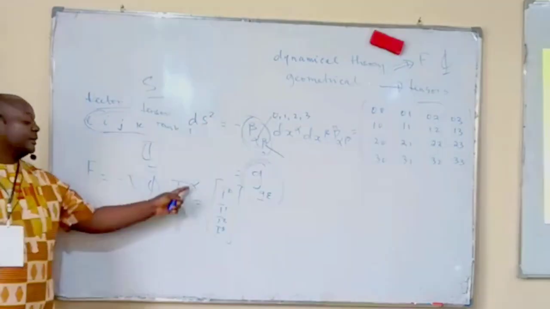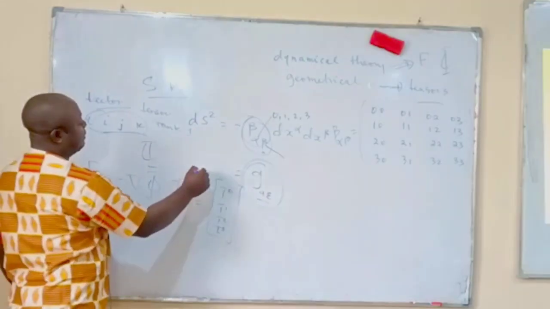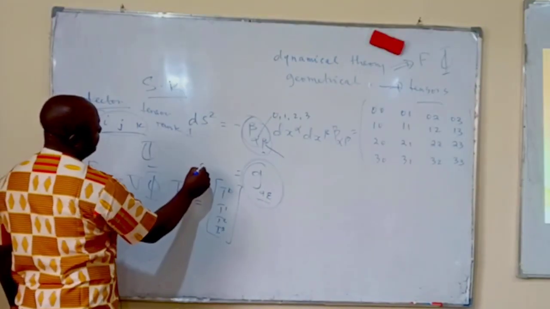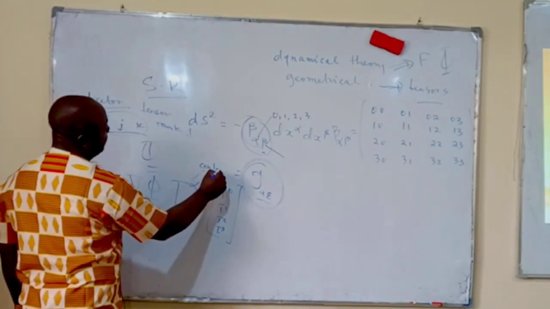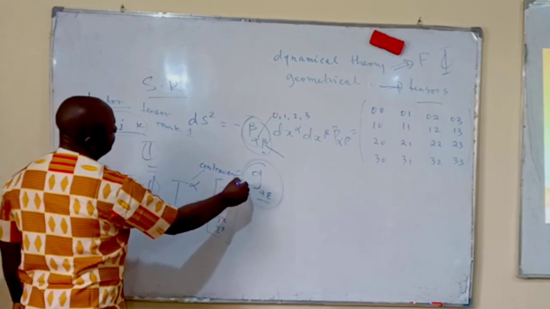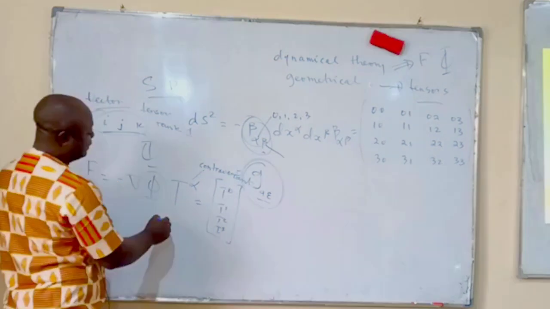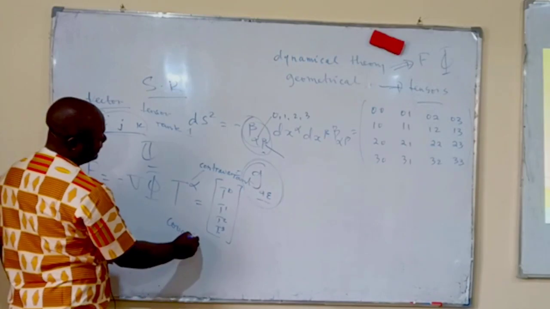And this one, we call this a contravariant tensor. There is also what we call a covariant tensor.